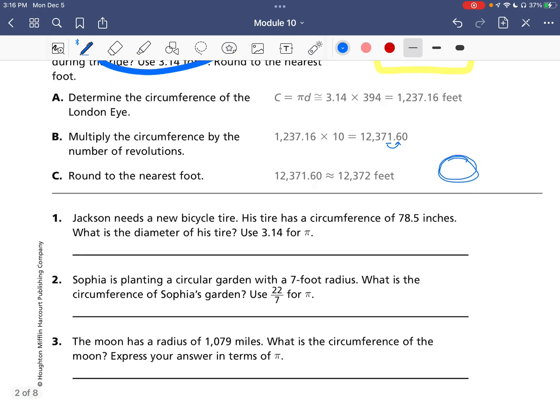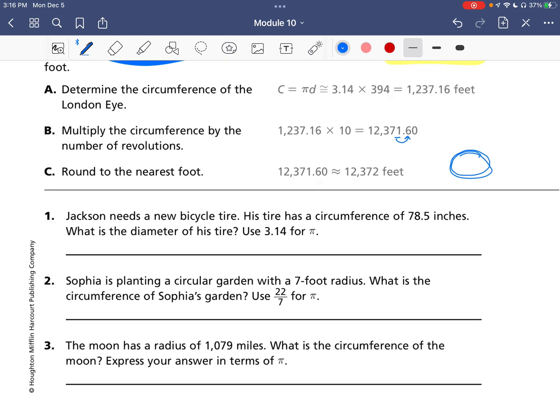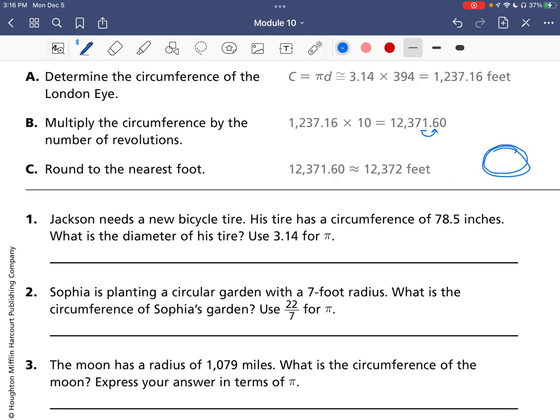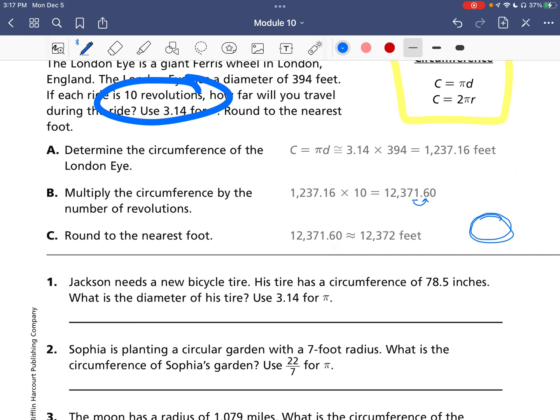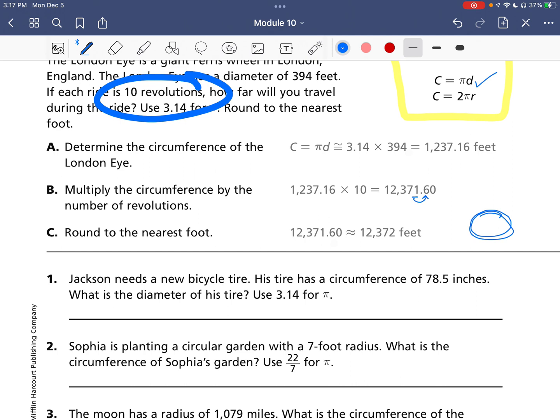Okay, so Jackson needs a new bicycle tire. His tire has a circumference of 78.5 inches. What is the diameter of his tire? He used 3.14 for pi. Okay, so we have diameter, so we're going to use this formula here. Circumference equals pi times diameter.